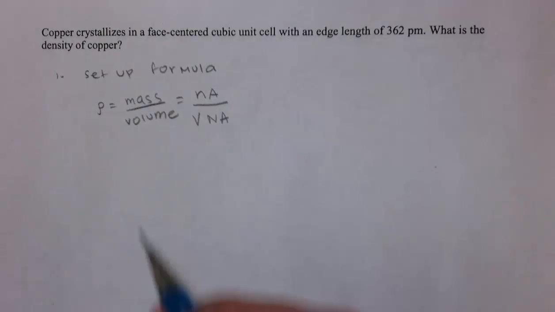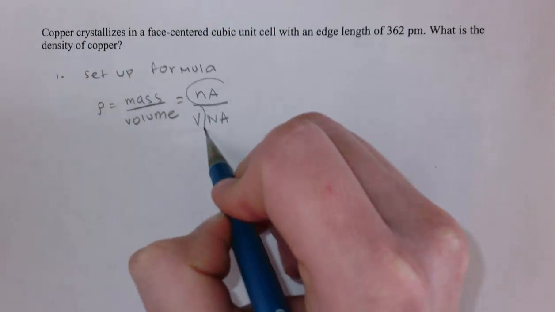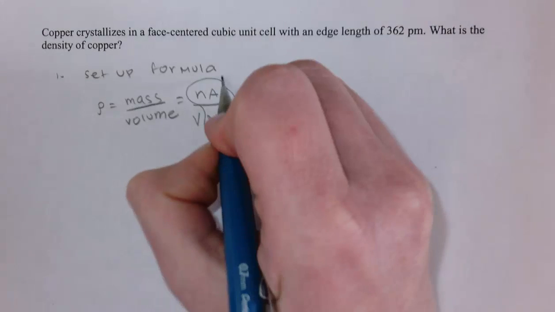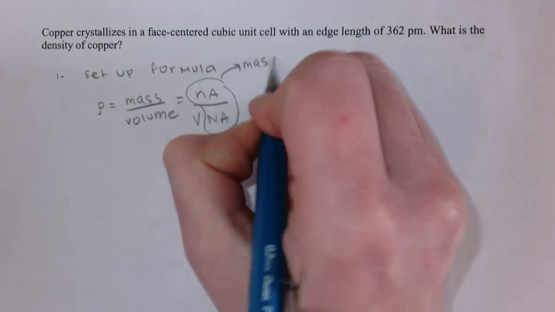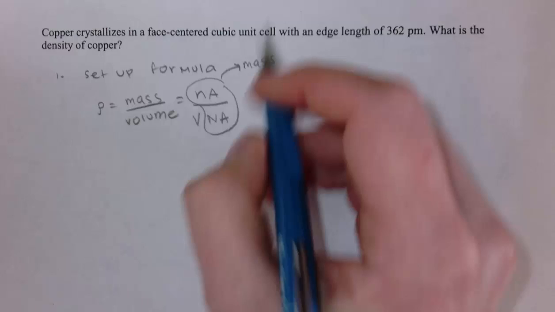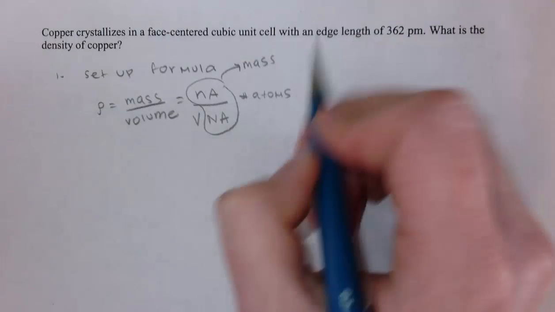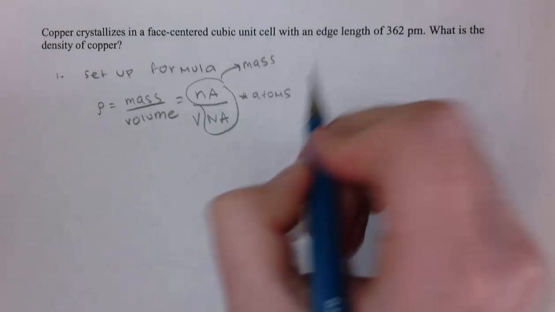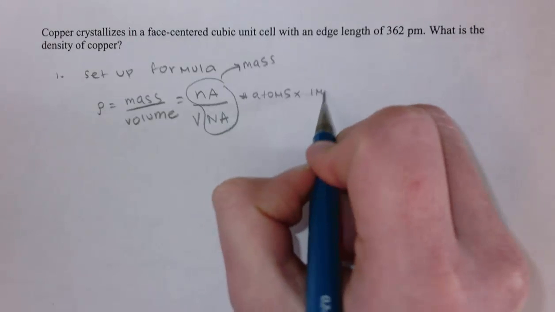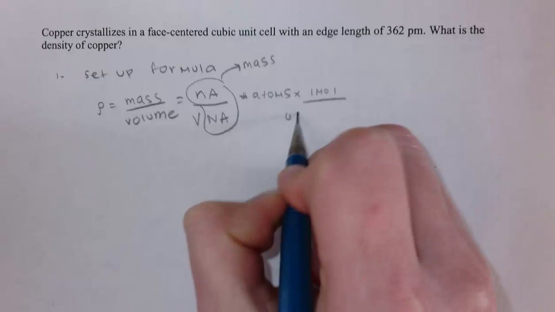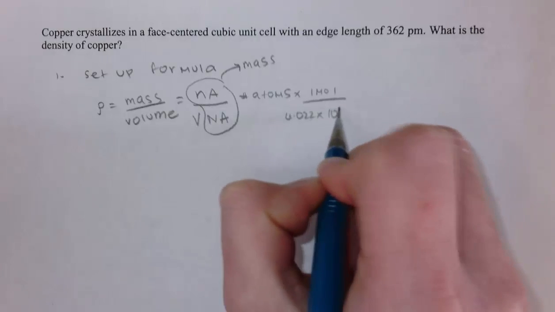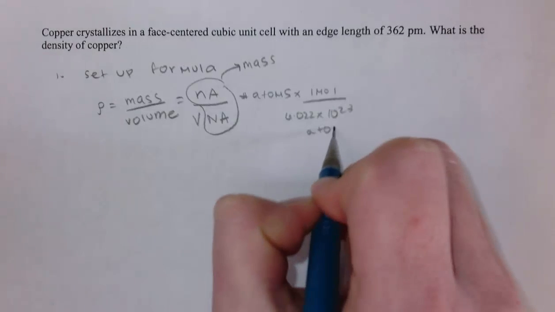And this is the same thing as mass over volume because this term here ends up being our mass, because we have some number of atoms and we're dividing by Avogadro's number. So we have 1 mole is 6.022 times 10 to the 23rd atoms.